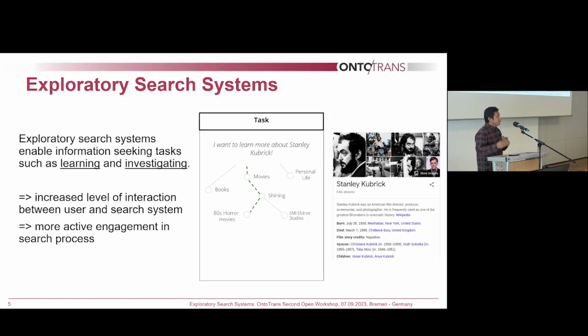You can go back and forth. You can click on certain links, going forward, going backward, looking for something else, and so on and so forth. And this is where this kind of system, a different type than the traditional one, came into play. In essence, it provides a more active engagement in the search process.